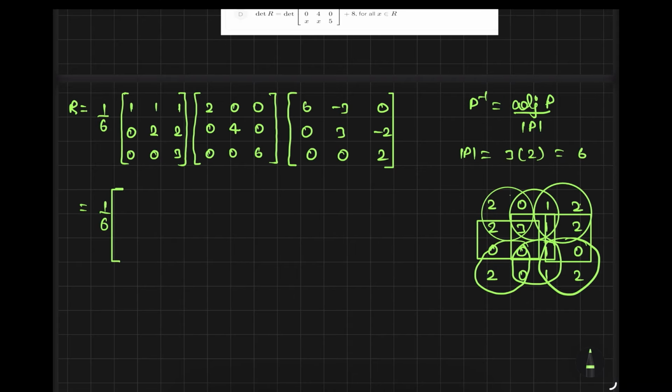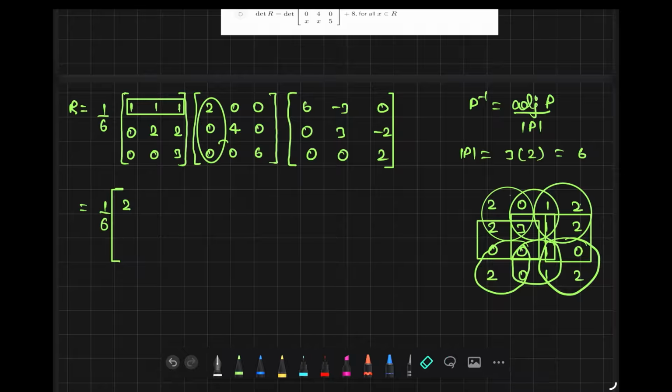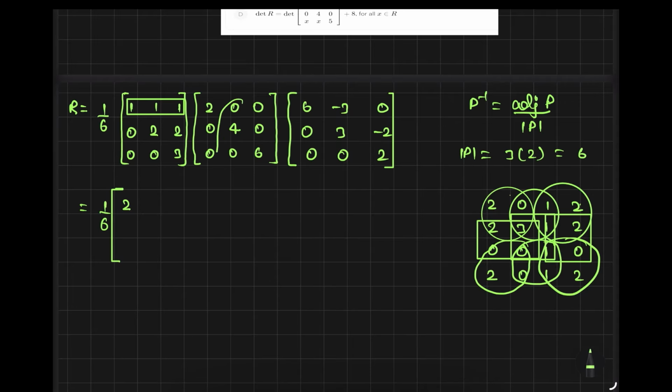What we have to do is multiply this with this, correct? So you will get 2. Then with this, you will get 4. Then you will get 6.